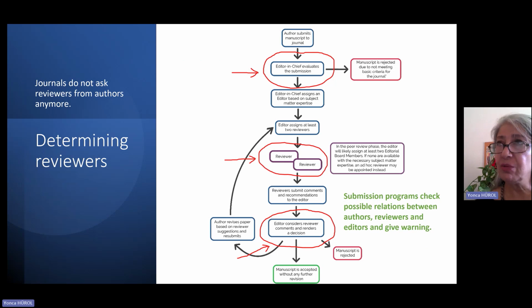People were somehow generating false email addresses with the names of important academics, and they were suggesting them as reviewers, but the emails sent to those reviewers were being sent to themselves. So this is now known, and determining reviewers is very important, of course, and we don't let authors to involve with these type of things anymore.